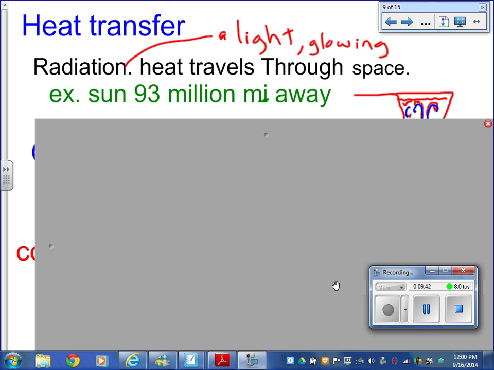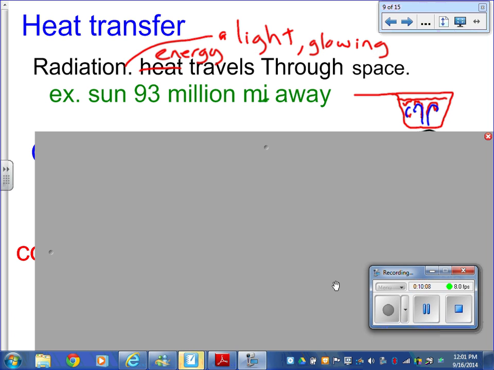So when we're talking about radiation generally, it's energy that can travel through empty space, because heat itself doesn't, but energy does. And then that heats up the Earth. The sun is 93 million miles away, but it is the main source of heat and life on Earth. So that's that energy source. The plants use it to make food, etc.